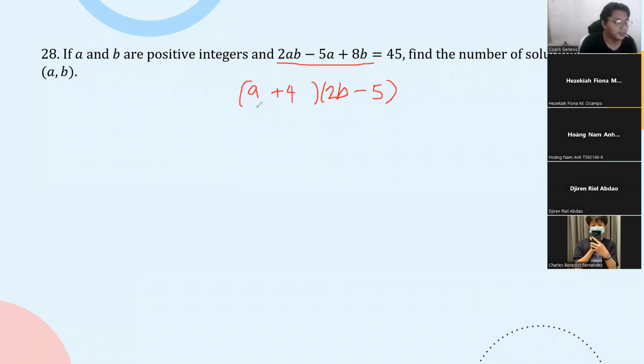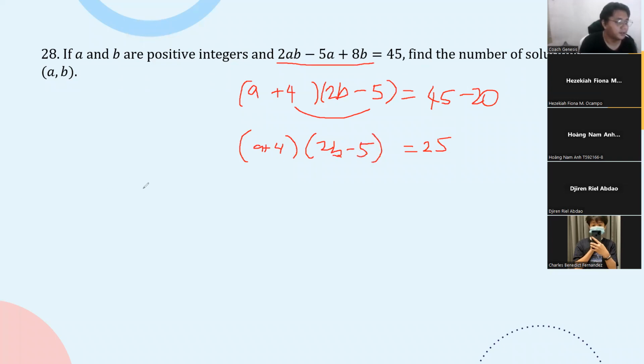Now, since we need to factor this one, we are lacking negative 20, right? So we must subtract negative 20 on the other side, which will give us 25. A plus 4 multiplied to 2b minus 5 is equal to 25.